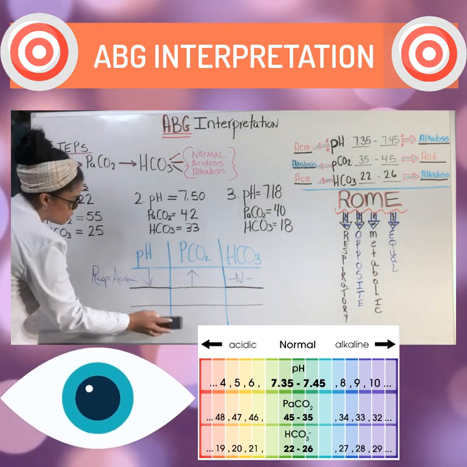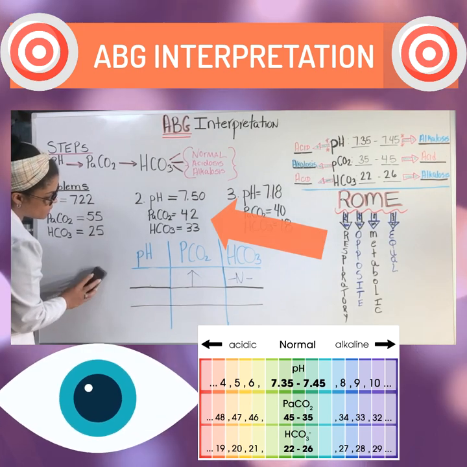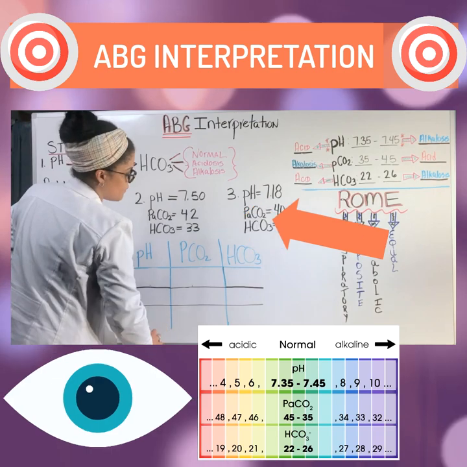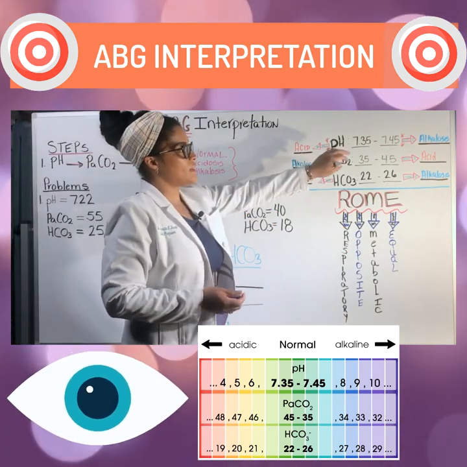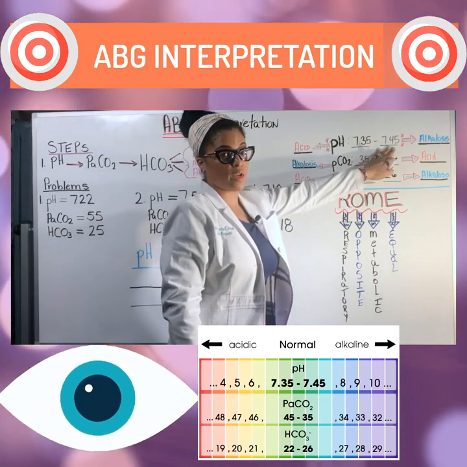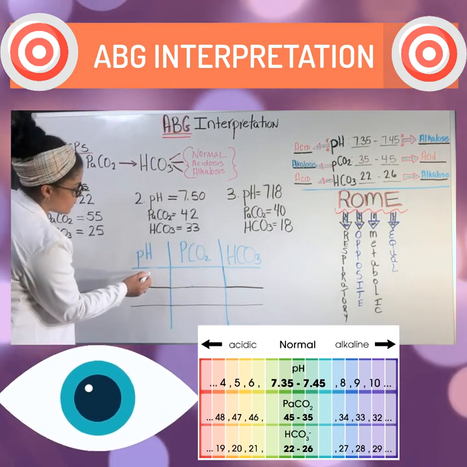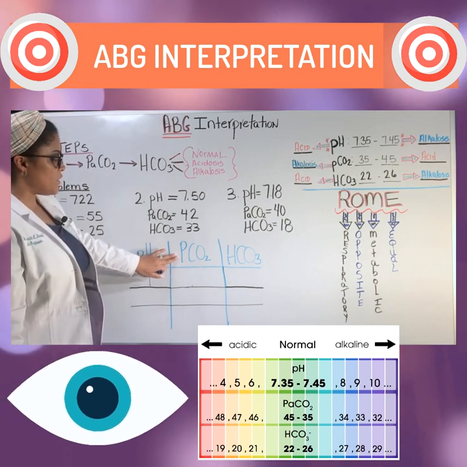Now we're going to do the second example. In this example, you see that the pH is 7.50. A pH of 7.50 means that it is higher than the maximum value it should be of 7.45, so it's an alkalosis. Here we're going to put the arrow going up. Then we look at the CO2.